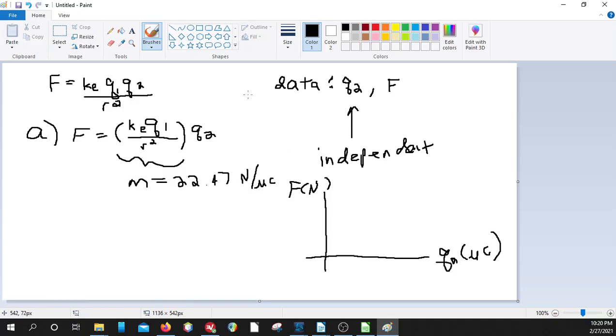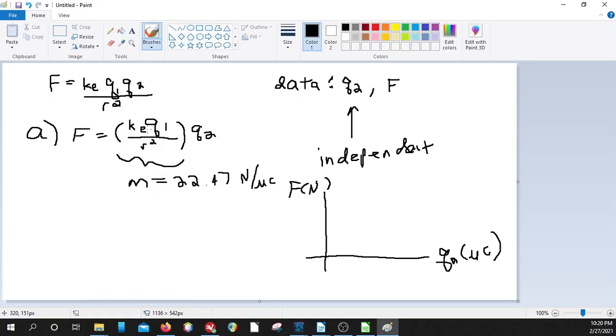So again, units are very important. And we know that's equal to KEQ1, which is 4 microcoulombs. Just put a positive 4. And then R is 4 centimeters, so we can plug that in. Now, your Q1 and R might be different. You can pick whatever you want. Just once you pick it, leave it fixed. And so you can put all that together and solve for KE. So that's our goal for part A.